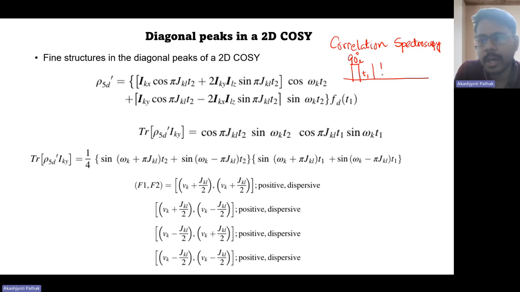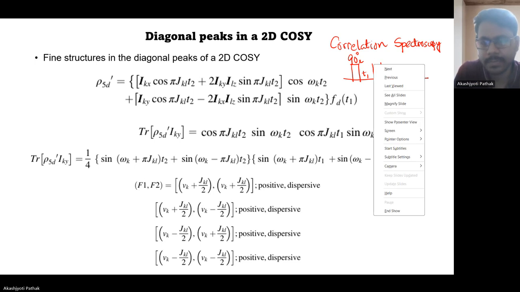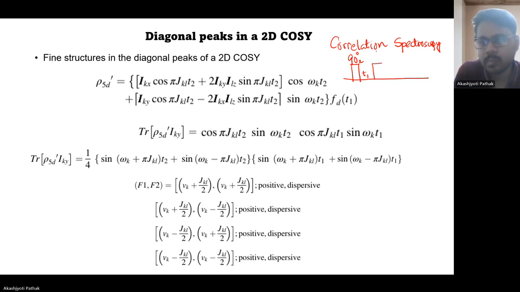Then there is another 90-degree X pulse. This is followed by the t2 period, also known as the detection period.